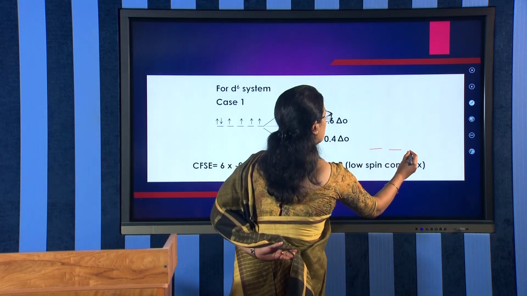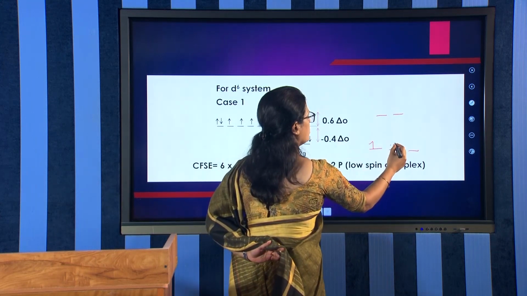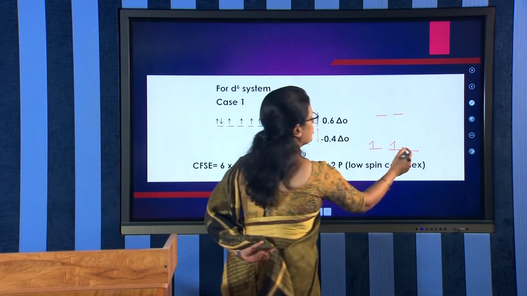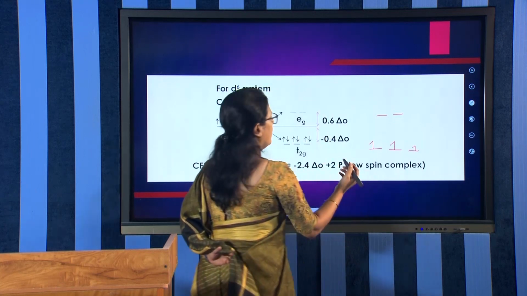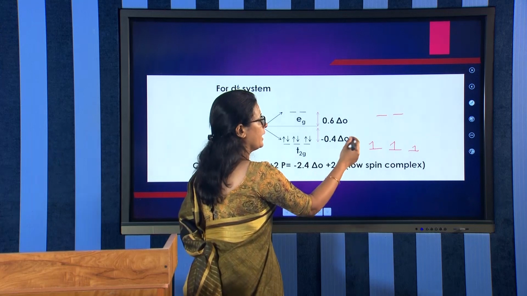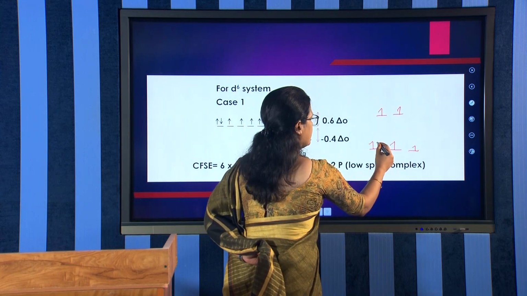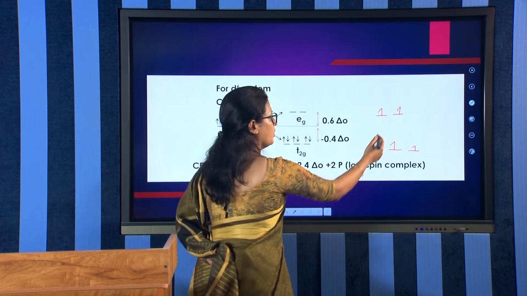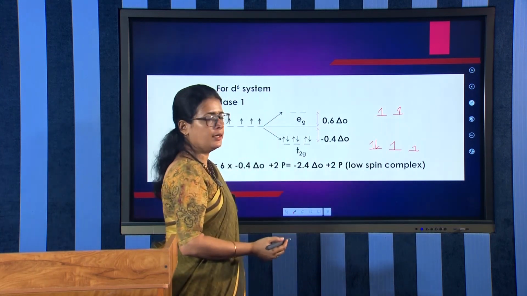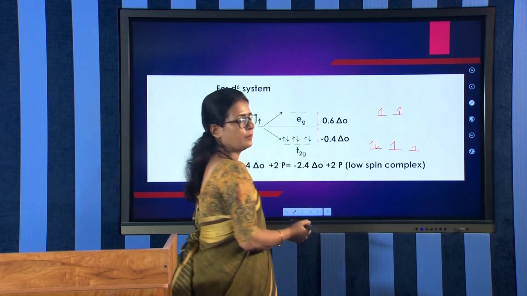If we are filling the d6 system, 1, 2, 3, 1, 2, 3. If it is a high spin complex, you can fill like this, 1, 2, 3, 4, 5, and the sixth will again come here because it has a lower energy, right?